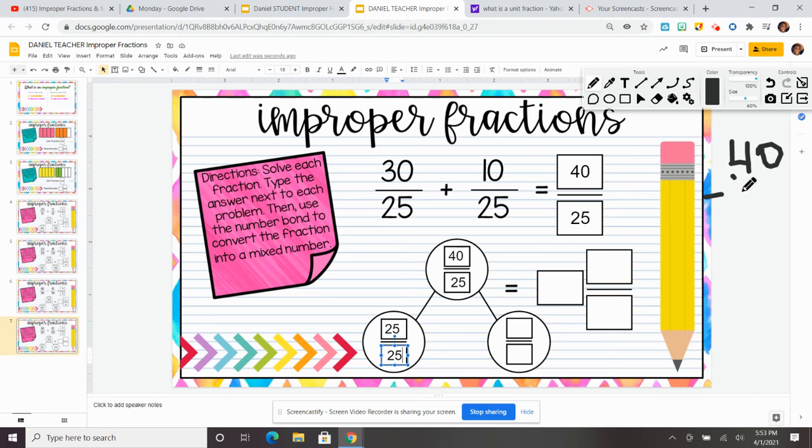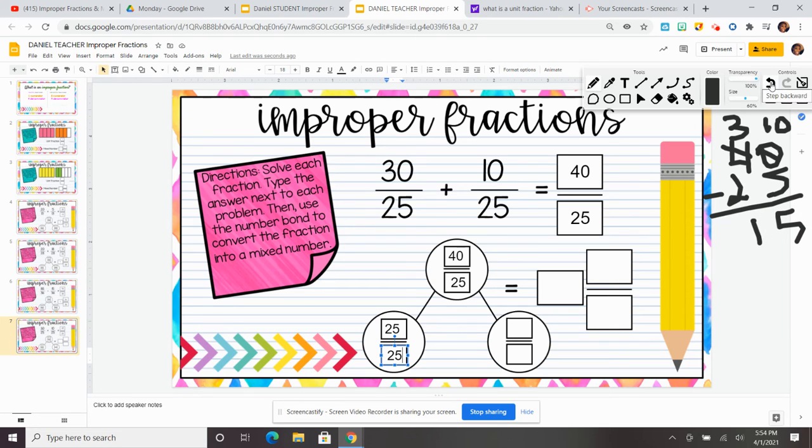40 minus 25. All right, again, I can't take 5 from 0, so I have to go to the tens and take the tens. All right. So that 40 becomes 30, and this no ones becomes 10 ones. Add a 10 to it. Oh. 10 minus 5 is 5, and 3 minus 2 is 1.